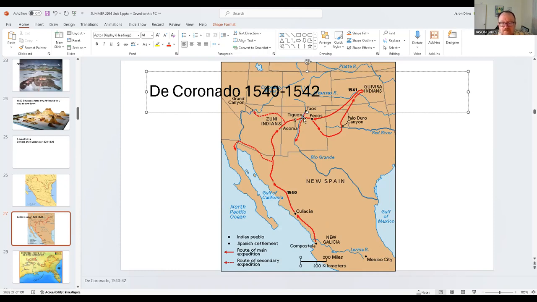He got in here into New Mexico, and the natives in New Mexico just kept telling him that the gold was just further that way. You can't miss it. Lots of gold.